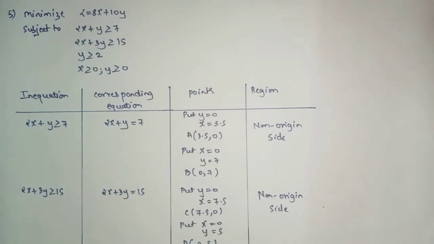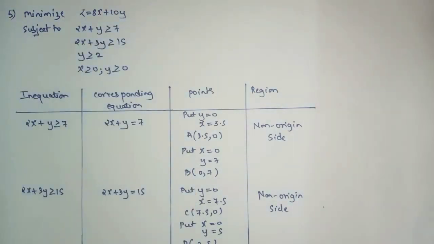So let's move on to the next, that is question number 5. As in the previous video we saw sum number 4, where there were two or more than two linear inequations containing the same symbol, less than equal to.